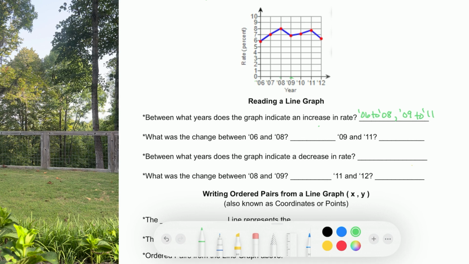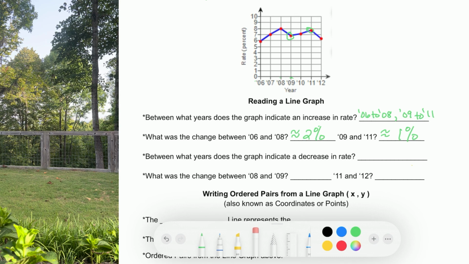So I'm going to say it's roughly, so I'm going to use the squiggly equal sign, a 2% increase. So I'm going to use a positive 2 rather than a negative since it was an increase. In 09, we started at 7 here, and then in 11, it finished just below 8. So again, we have roughly a 1% increase from 7 to just below 8.